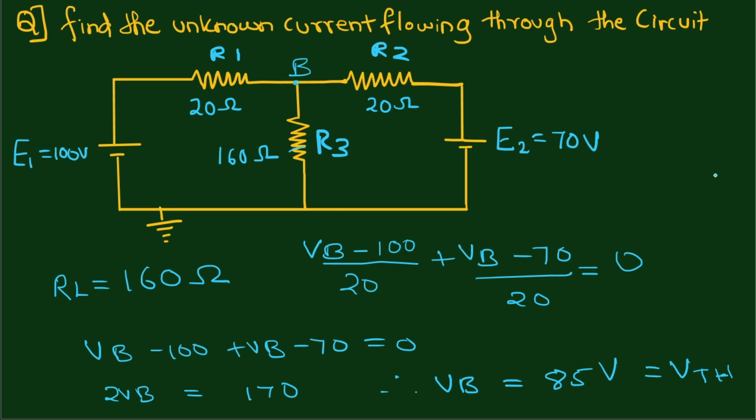Now we have to find Thevenin's resistance. To find Thevenin's resistance, first we have to turn off both the voltage sources. E1 will be 0, E2 will be 0. Then we should not connect the load resistance yet, so the circuit will look as if both R1 and R2 are connected in parallel.